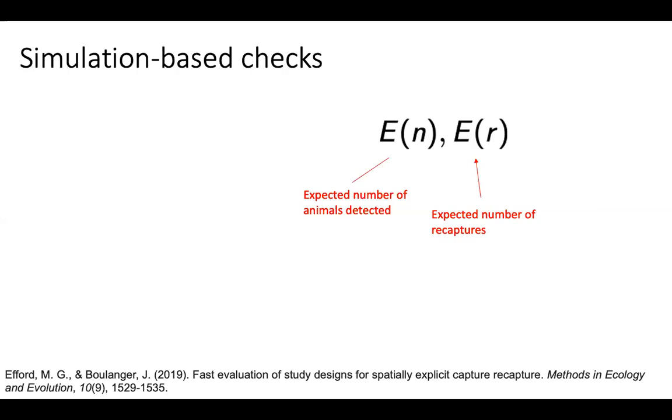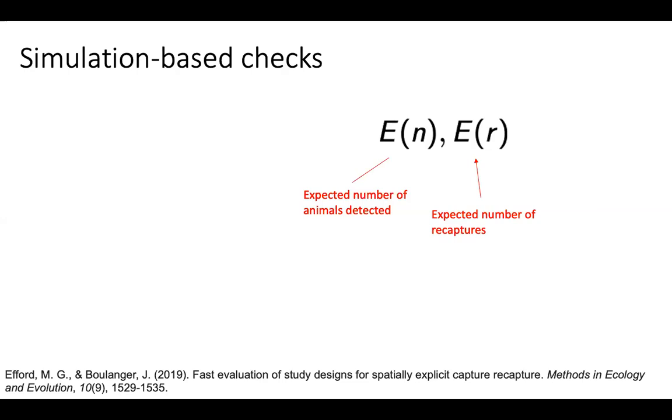So the two main quantities that we've been talking about, sample size-wise, are the expected number of animals and the expected number of recaptures. And these can be calculated given some initial guesses about animal density and detectability, so P0 or lambda naught and sigma. We won't know much about these to begin with.